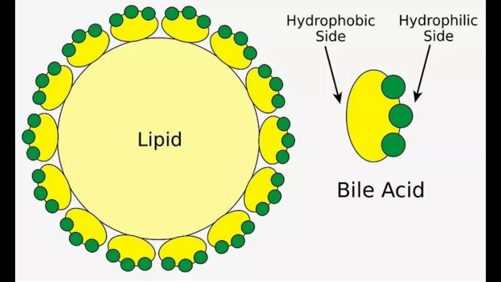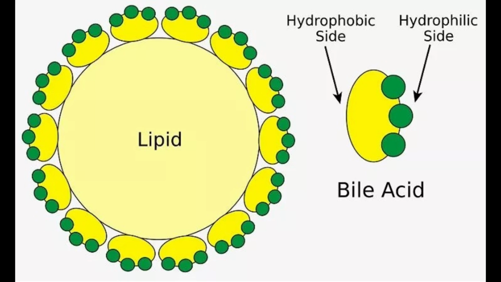It emulsifies them, surrounds the droplets of lipids, increasing their surface area relative to the surrounding water, which then allows the digestive enzymes to come into contact with them. Without bile, we would not be able to digest any of our lipids, and it would just be excreted with the rest of the indigestible material, and that happens in some conditions. So that's the liver and the role of bile.